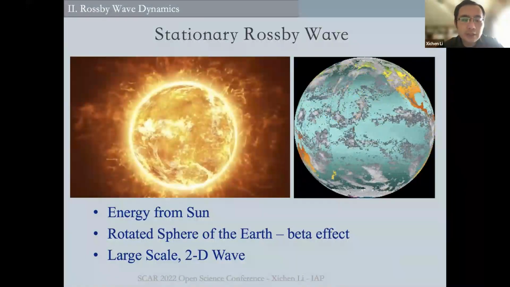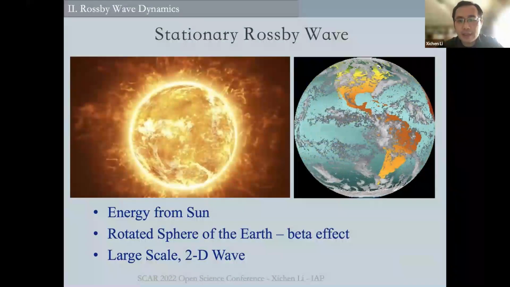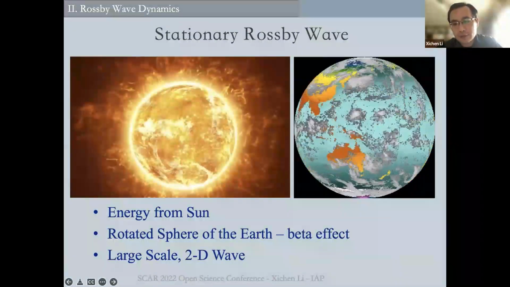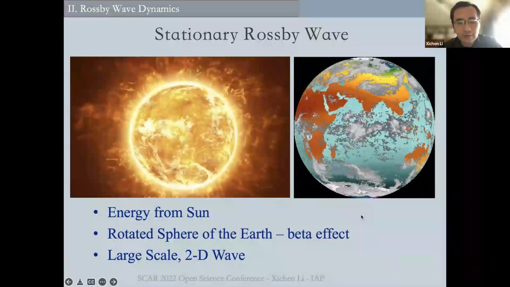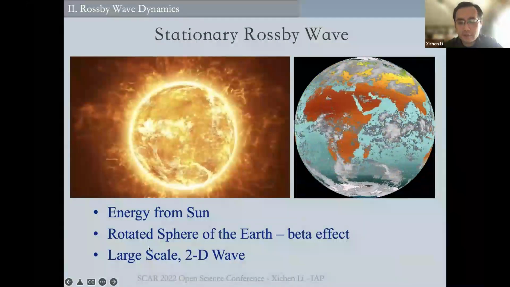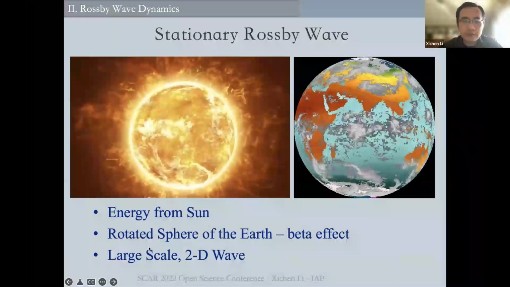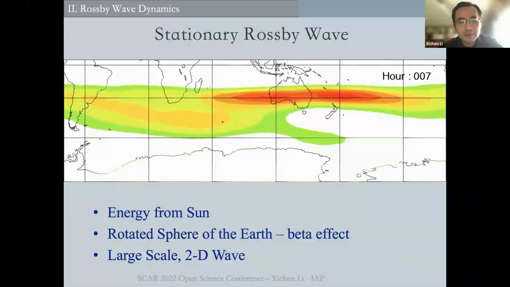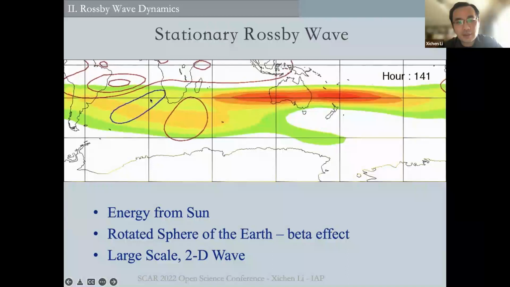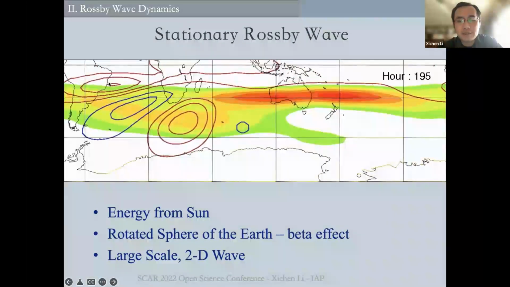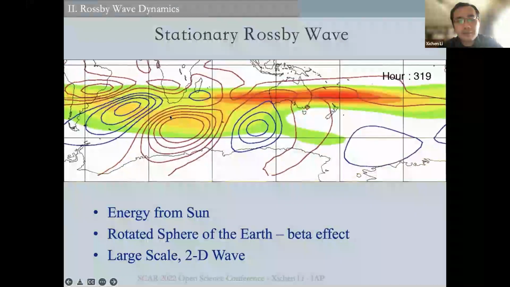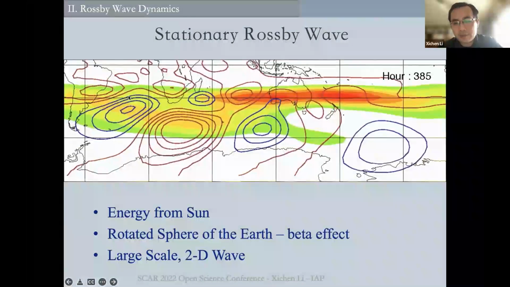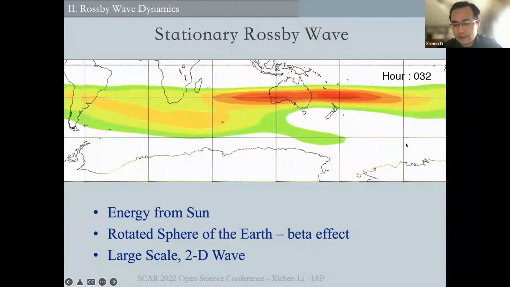And it propagates on the rotating sphere of the Earth, which actually regularizes the waves, making them propagate further than sound waves. So here is the stationary Rossby wave. We have a schematic animation about stationary waves. It can really propagate like a wave and go around the Earth.